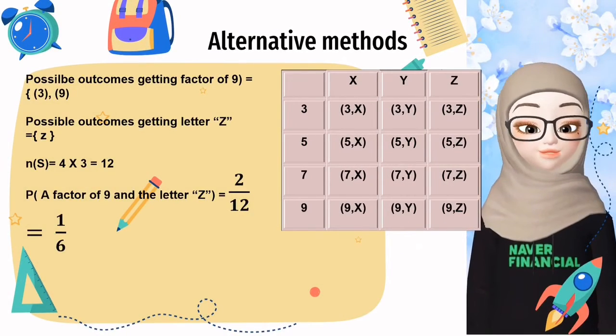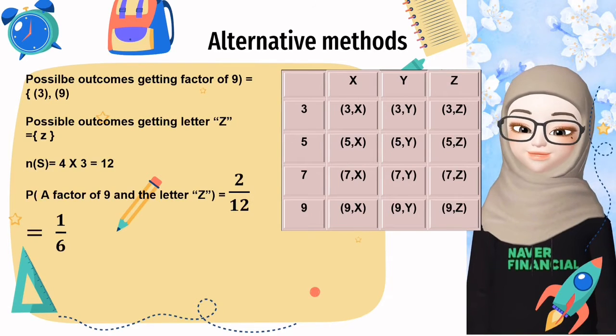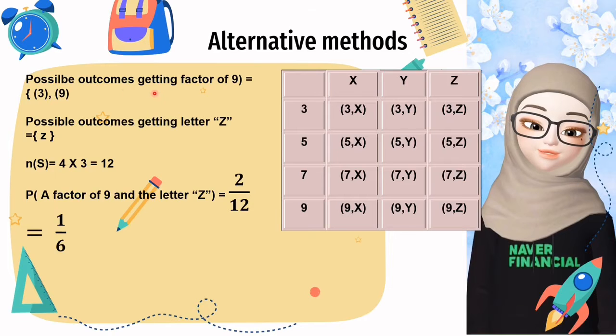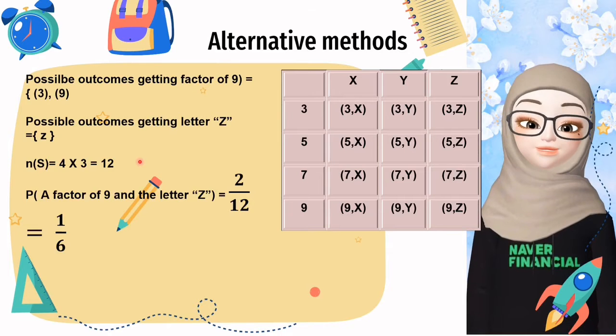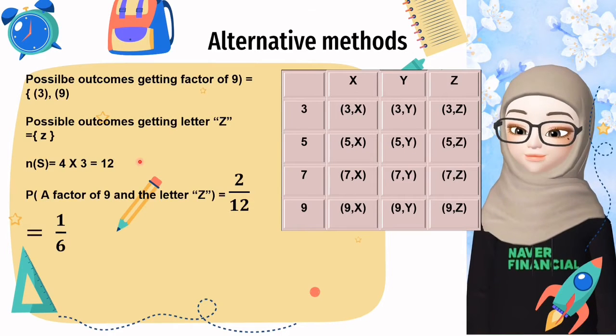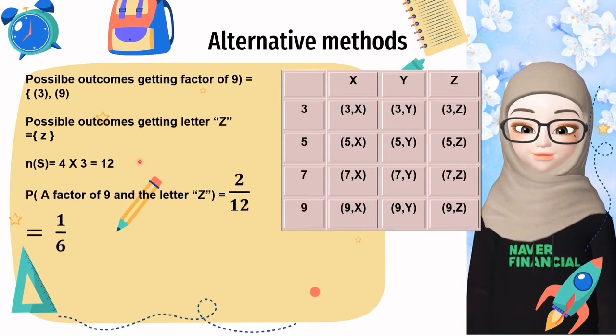Okay, we have another alternative method. We can use the possible outcomes. Okay, so we list down all the possible outcomes of getting a factor of 9. That is 3 and 9.